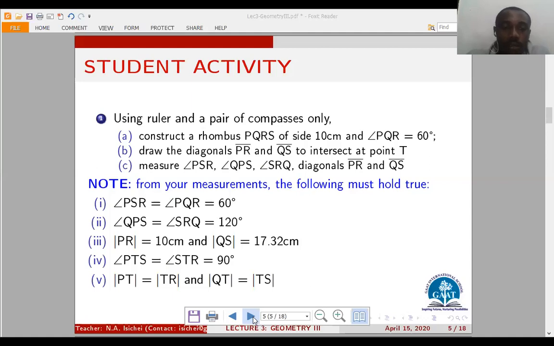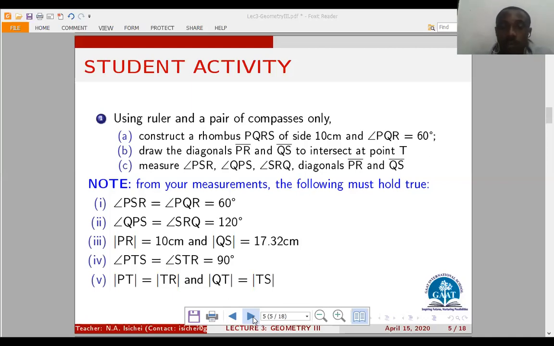The length of line segment PR should be equal to 10 centimeters, and that of QS equal to 17.32 centimeters. 4. Angles PTS and STR should both be equal to 90 degrees. 5. Line segment PT should be equal to line segment TR, and QT should be equal to TS.